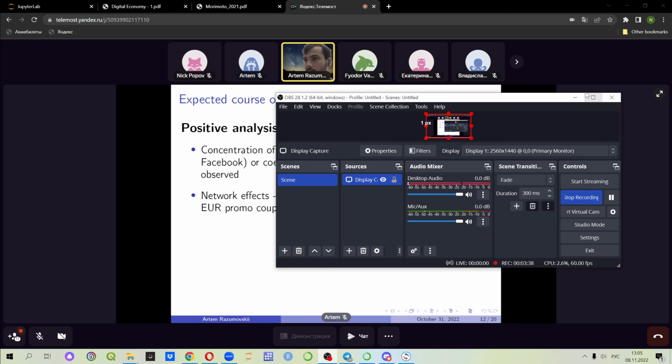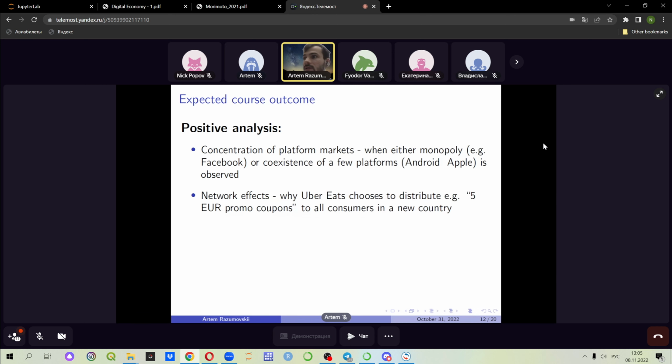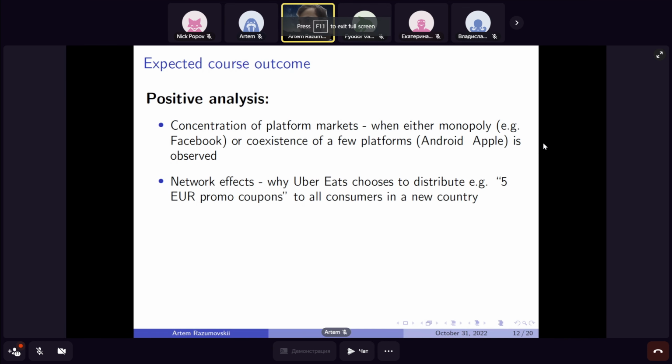Then we will concentrate on network effects. That's mostly about how one agent who joins the platform affects the other side, the other agents who are already connected to the platform.